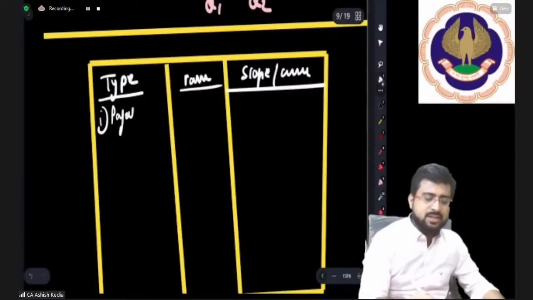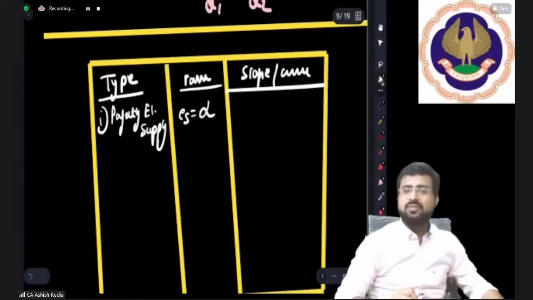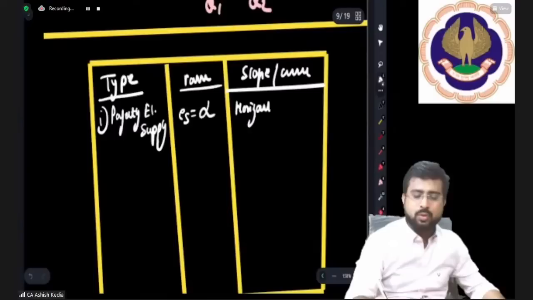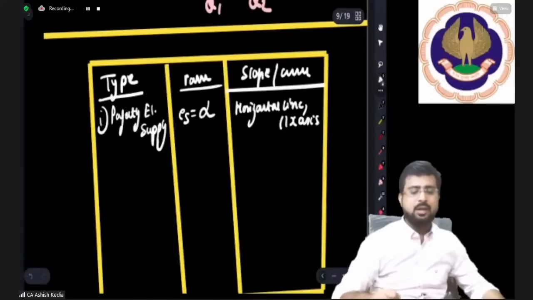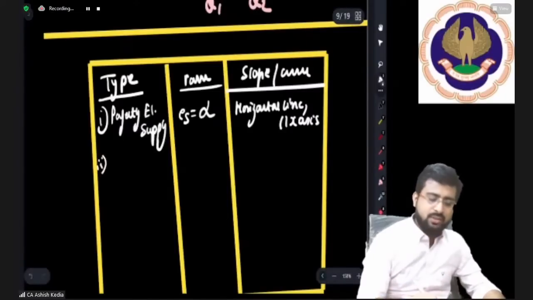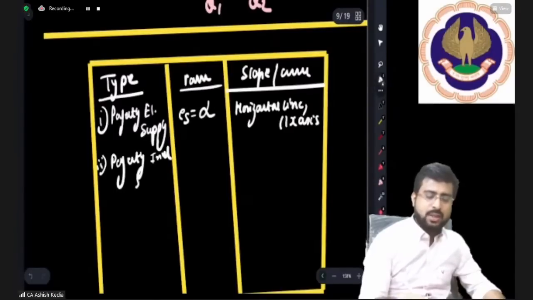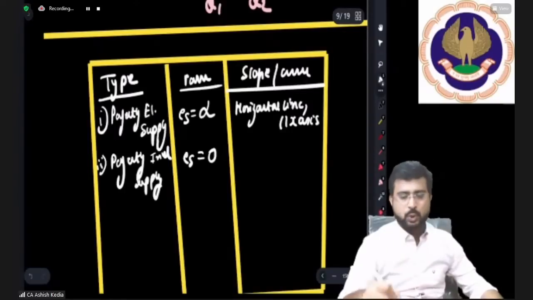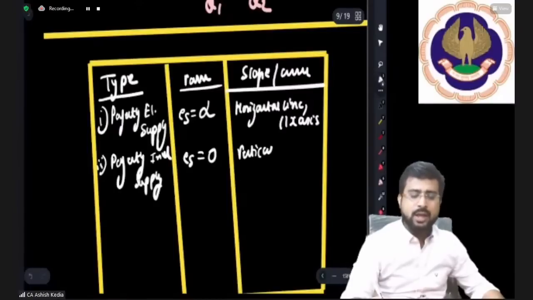Perfectly elastic supply. In case of perfectly elastic supply, the value of elasticity is going to be infinite, and the curve is going to be a horizontal line parallel to the x-axis. In the second case, you are going to get perfectly inelastic supply, where the elasticity of supply value is 0, and you get a vertical line parallel to the y-axis.